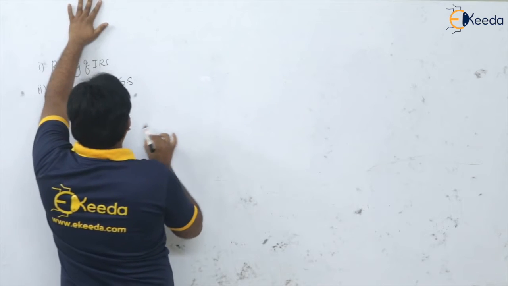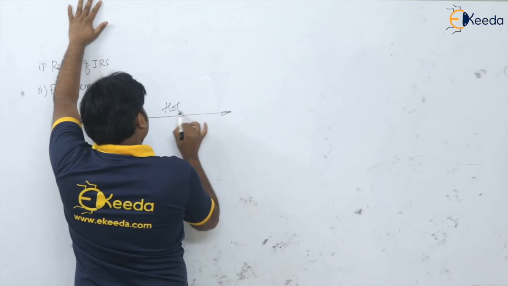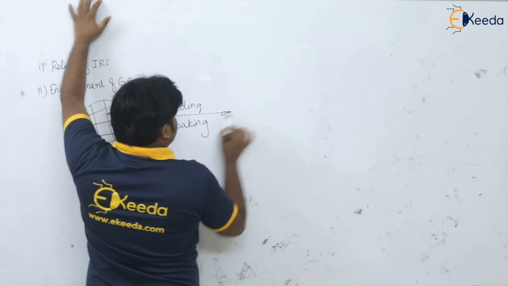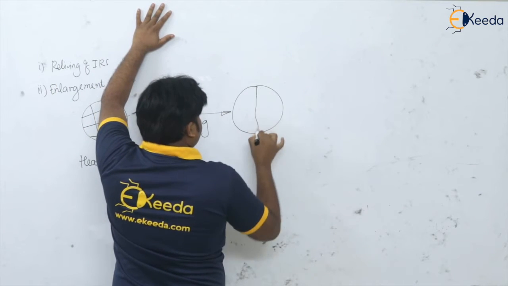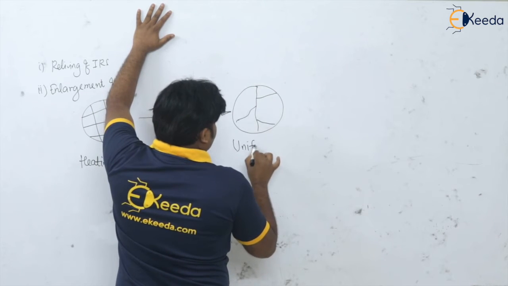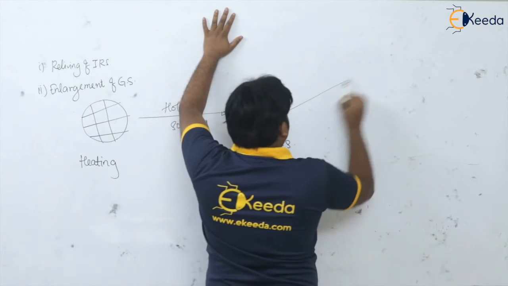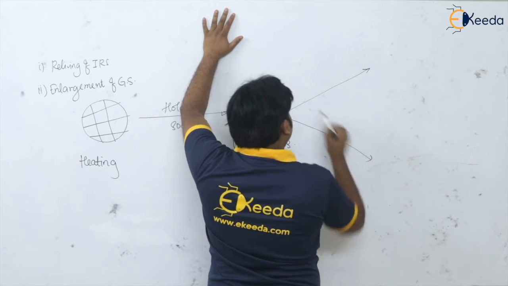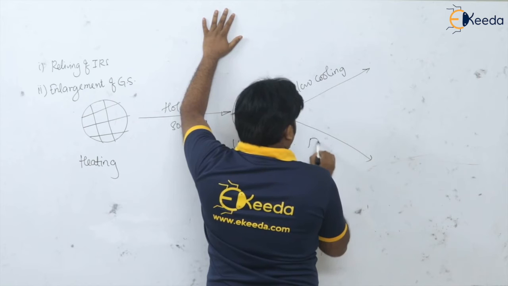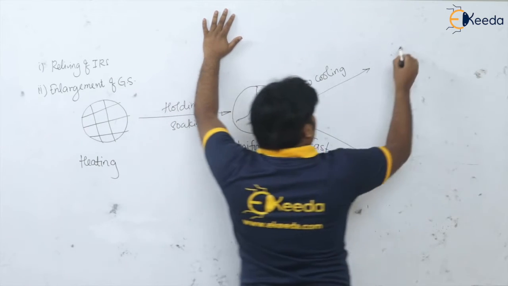When this heating is completed, we have the holding or soaking, where we get the uniform grain size, isn't it? And when we cool it with the two cooling rates, slow cooling and fast cooling, slow cooling will give the coarse grain structure.